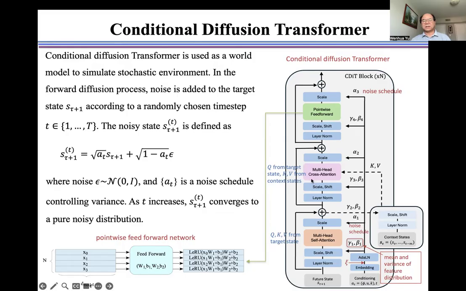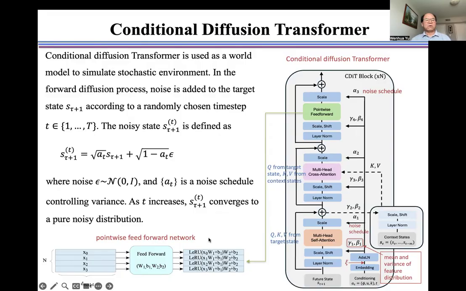Second component is cross attention, namely Q from a target state, K and V from the context states here. Alpha is a noise schedule. The third one is a pointwise feed-forward network, as shown here.